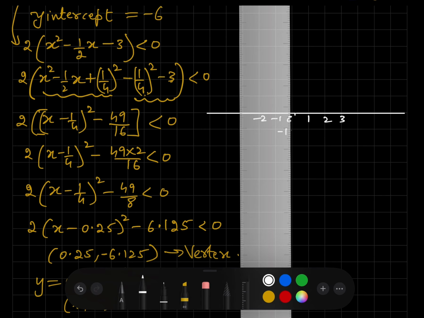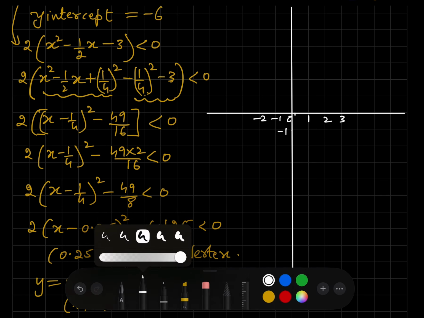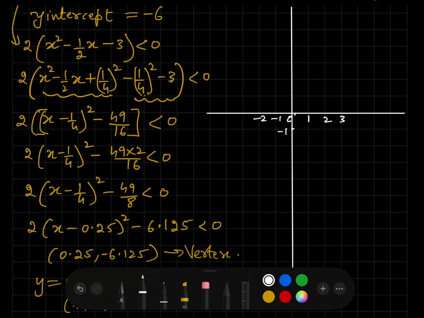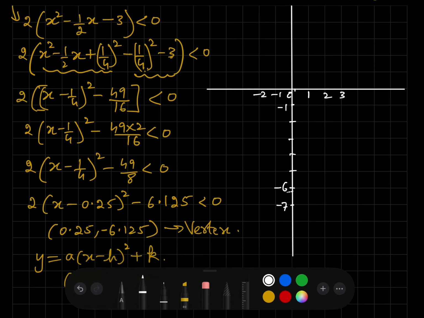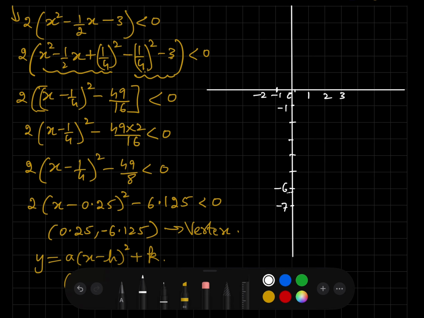Here it is. Yeah, now it is perfect. So this is negative 1, negative 2, negative 3, negative 4, negative 5, negative 6. This is negative 6 and this is negative 7. So negative 6.125 would be somewhere here. Negative 1 is here, so 0.25 would be just here. So negative 6.125 would be this point. I can plot it in red.